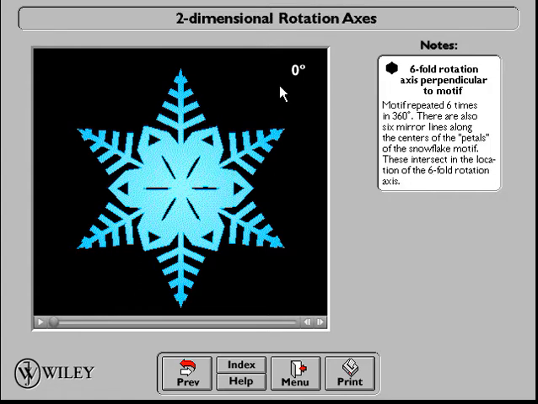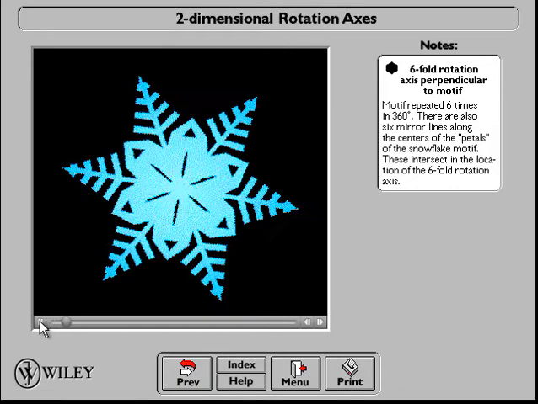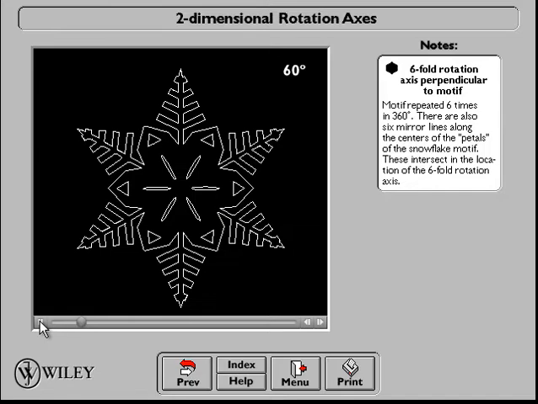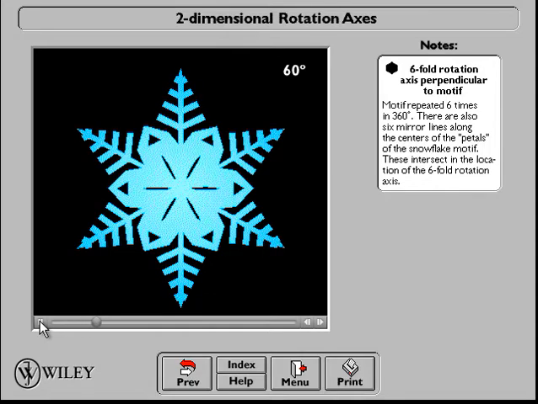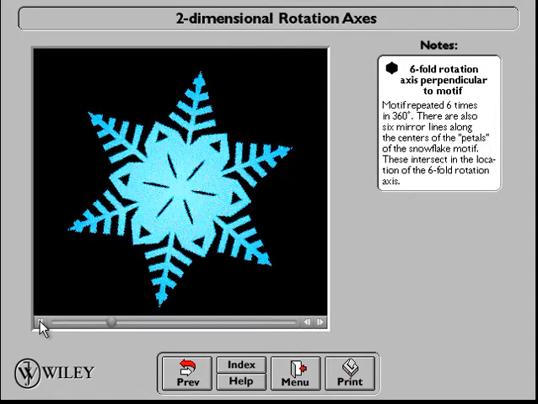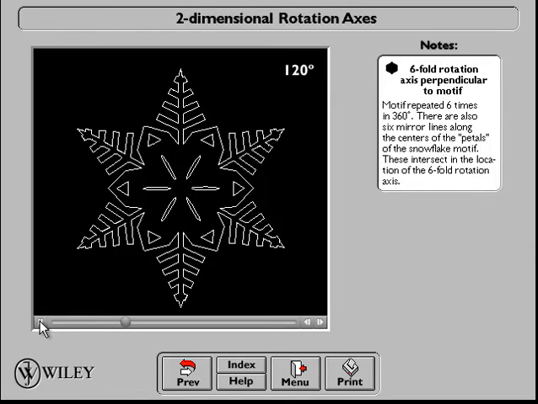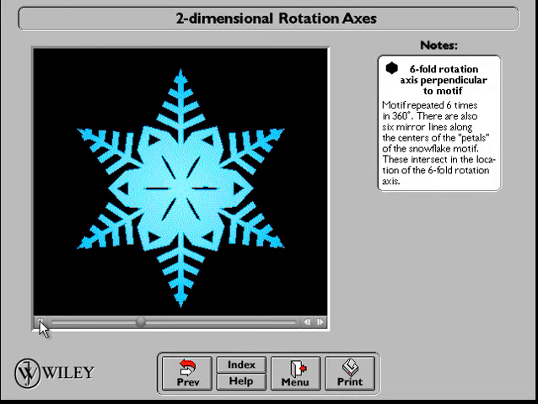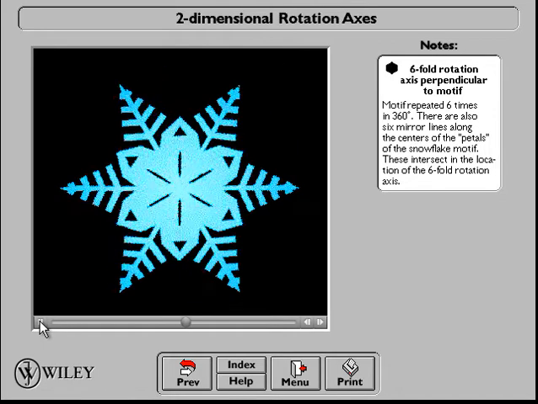Now we will check if we can repeat our snowflake 6 times within 360 degrees. We are turning it 60 degrees, it repeats itself. Another 60 degrees, it repeats itself. Another 60 degrees, it repeats itself, and now we have 180 degrees.